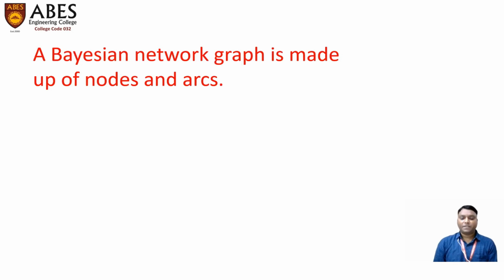A Bayesian network graph is made up of two things. As I told earlier, the Bayesian graph is made up of two things.